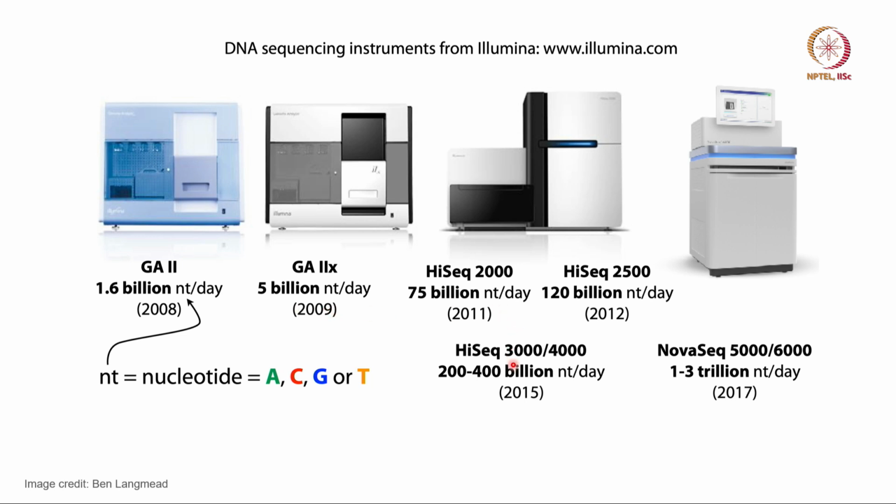If we go to 2017, the throughput has increased to 1 to 3 trillion nucleotides per day, and one cannot utilize naive algorithms to process this amount of data. Therefore, the motivation of this course is to build algorithms that can process this data and make interesting biological insights, so that one can enable scientific discoveries and help the applications involved.